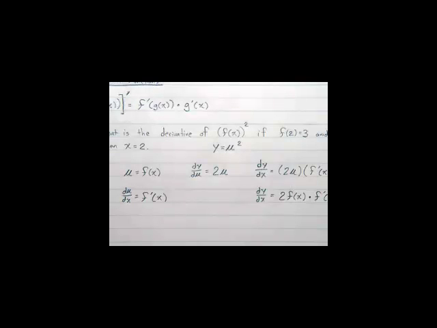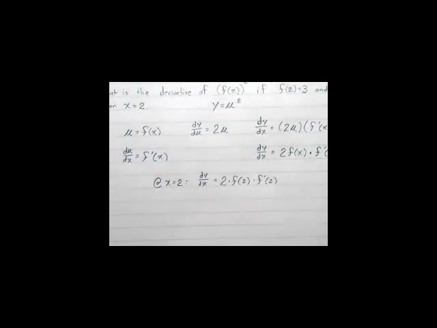And if you look at the information that was given to you guys, we can plug this in now. All right, because remember, I want the derivative at 2. So if I want the derivative at 2, my dy dx is going to be this: 2 times f of 2 times f prime of 2, right?